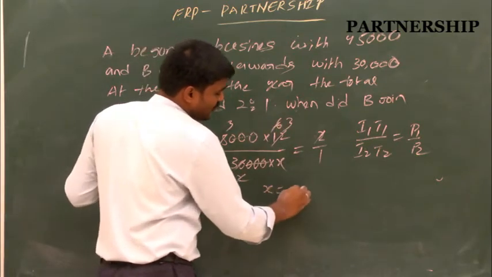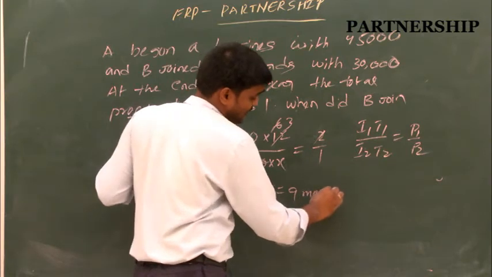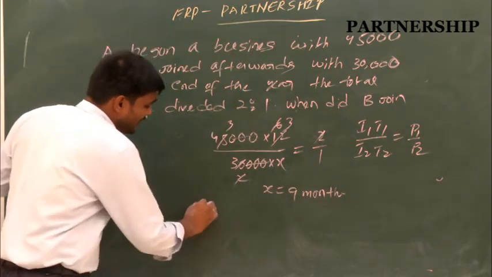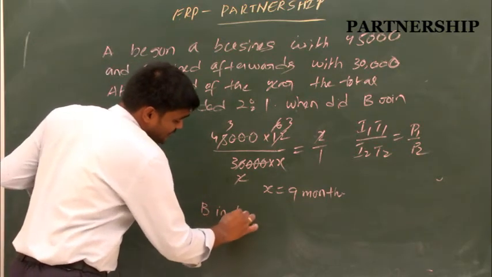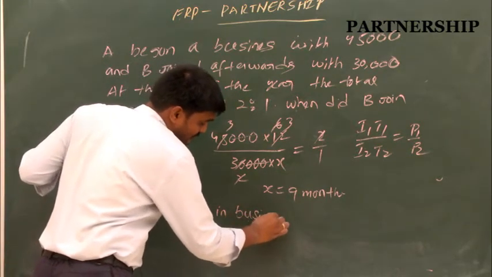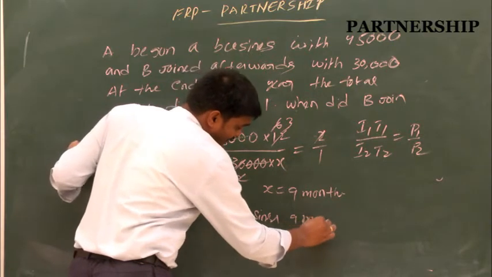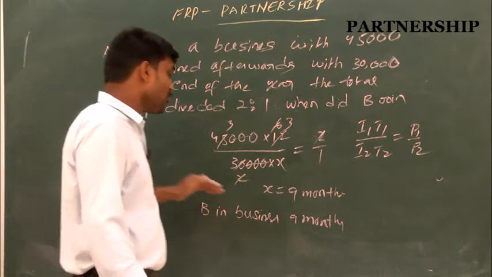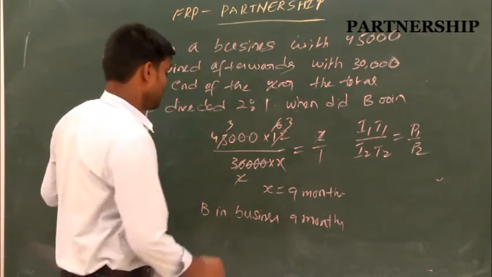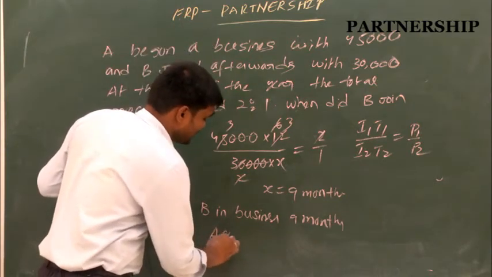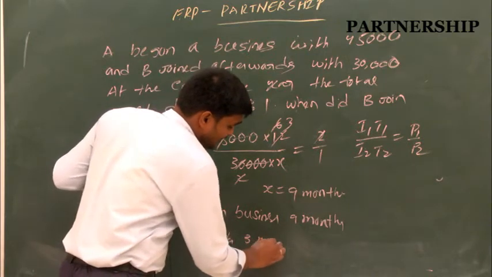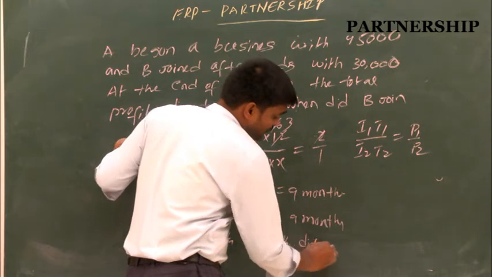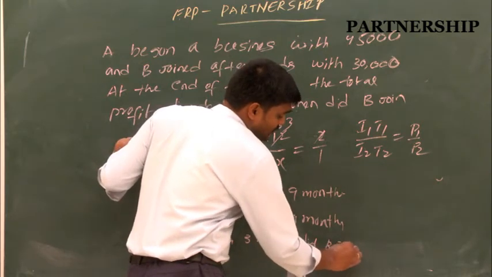So x equal to 9 months. So B was in business for 9 months, but after how many months did he join? After 3 months did B join.